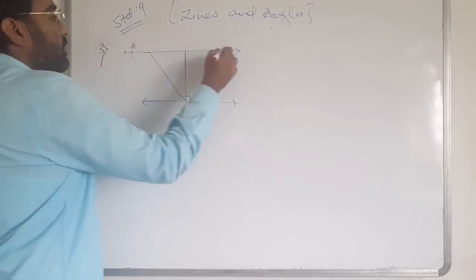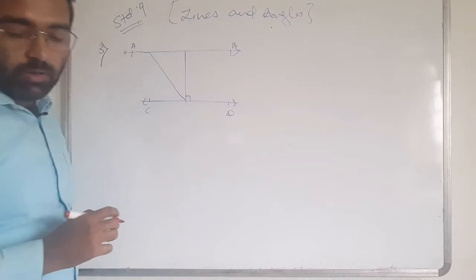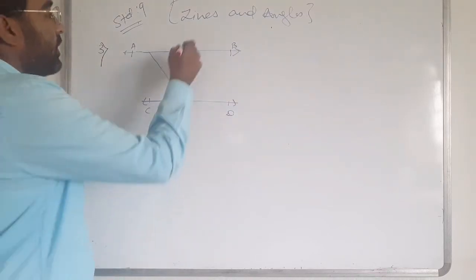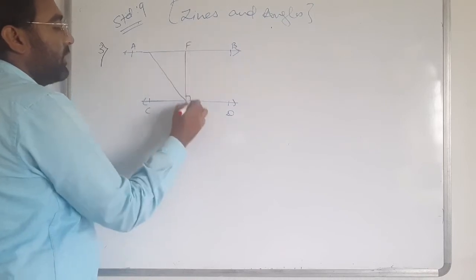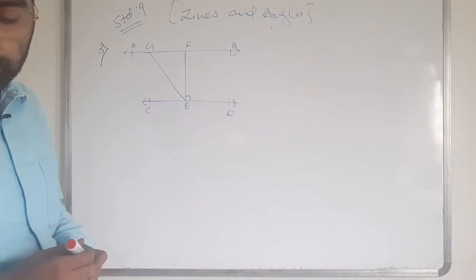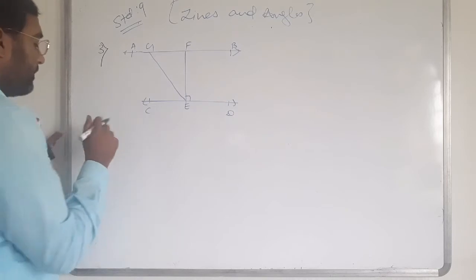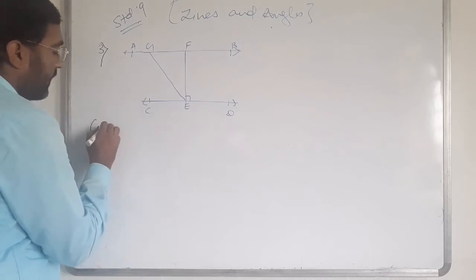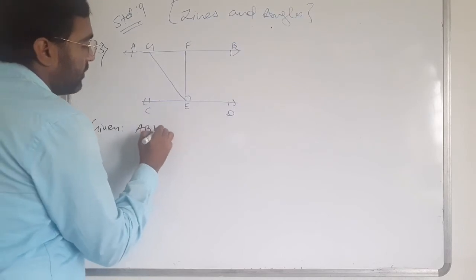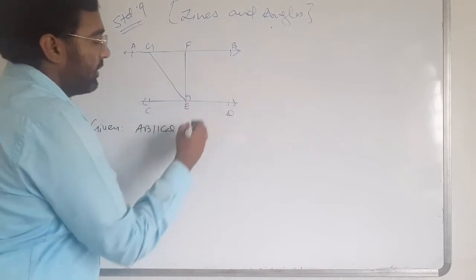Here are A, B, C and D. AB parallel to CD, and FEG form a triangle. From the figure, I'll write the given: AB is parallel to CD. Second, FE is perpendicular to CD.